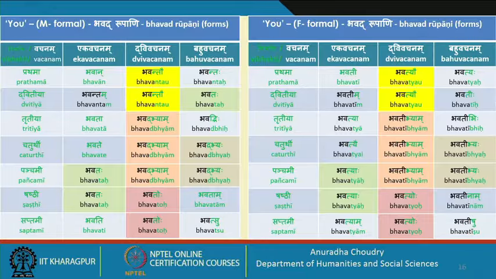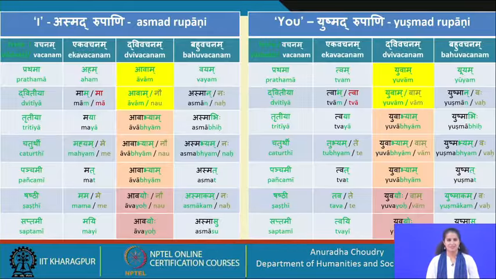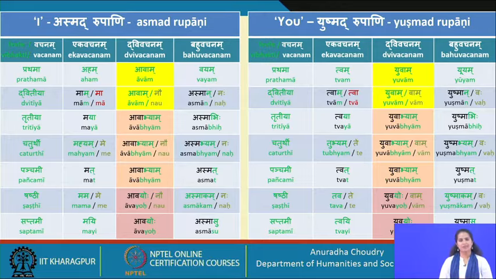learn further. Now, the last one that we are going to look at in this series is the pronoun forms for the first and second informal persons. They are the form Asmad. We are going to look at the Asmad forms for the first person, and Yushmad for the you, in the different cases.